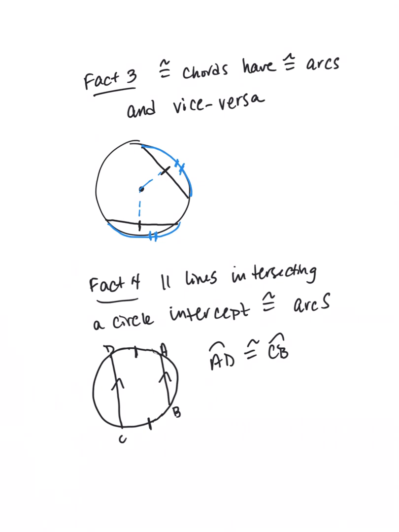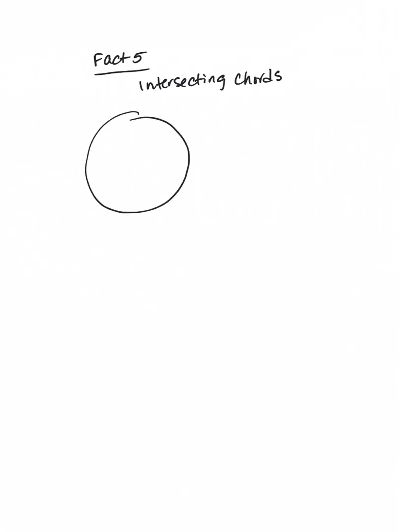And the last thing you need to know, this is fact 5. When you have intersecting chords, let me show you. It's going to be easier to understand. If I have two intersecting chords, oh no, that does not look good.